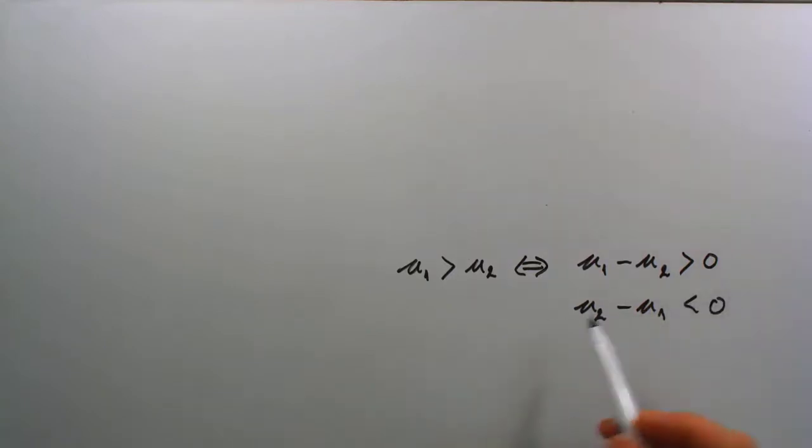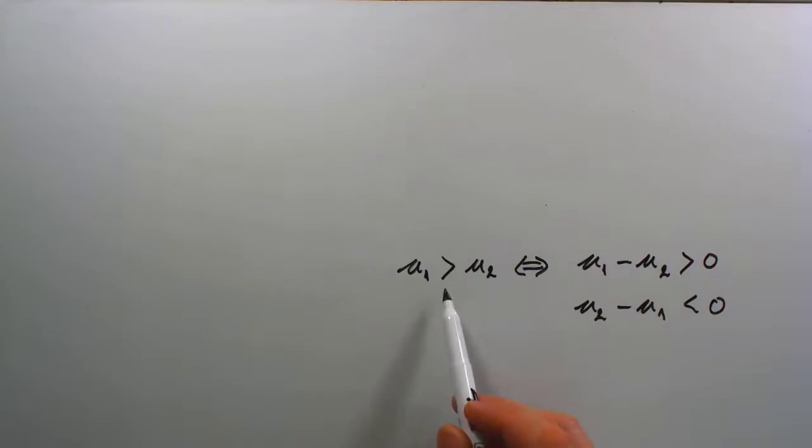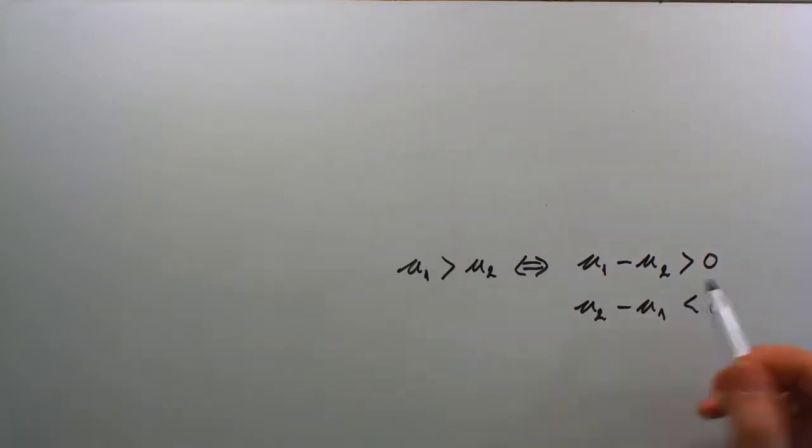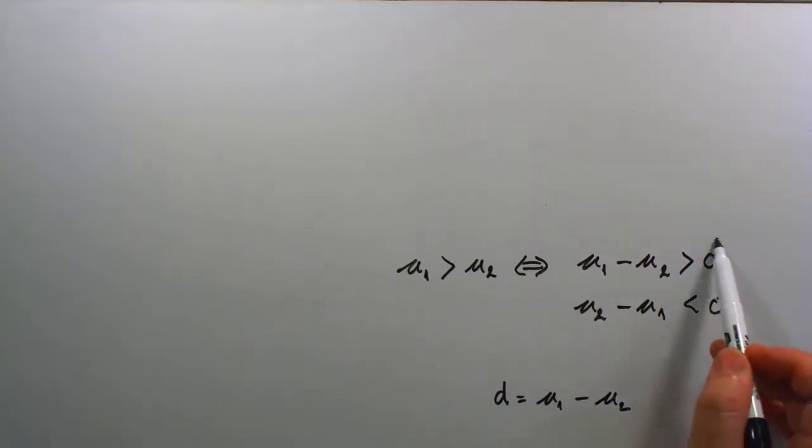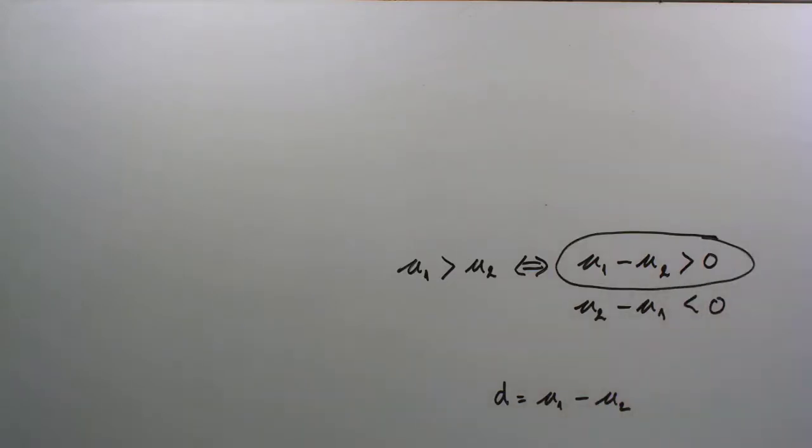These are the two algebraically equivalent forms of this comparison statement. But since we define our D to be mu1, always the population value from population 1, minus the value from population 2, so D equals mu1 minus mu2, for that reason we will go with this form right here.